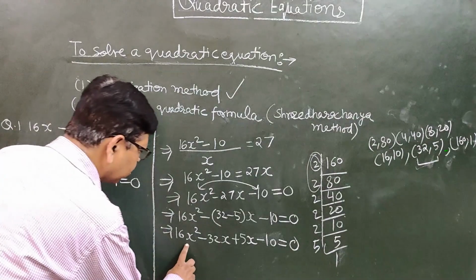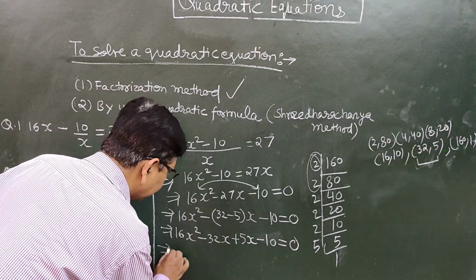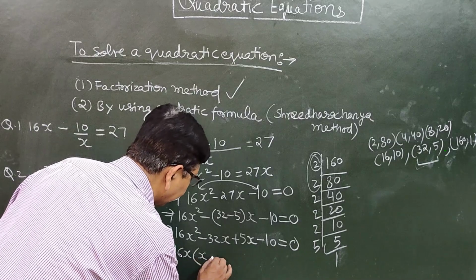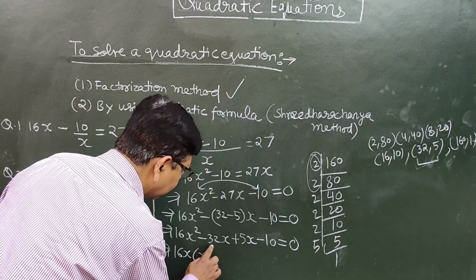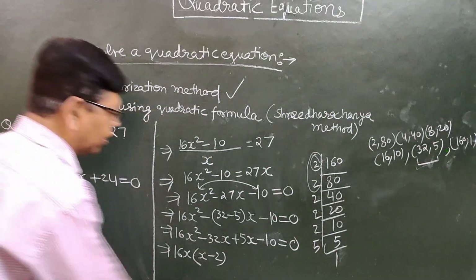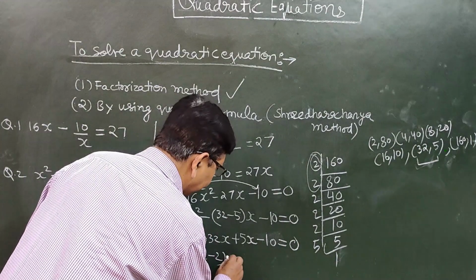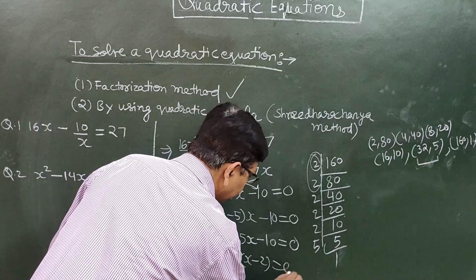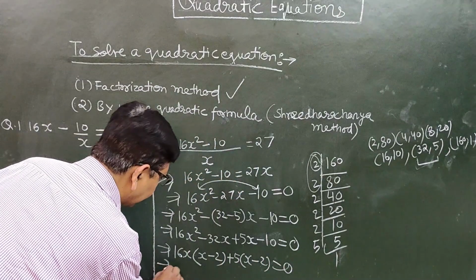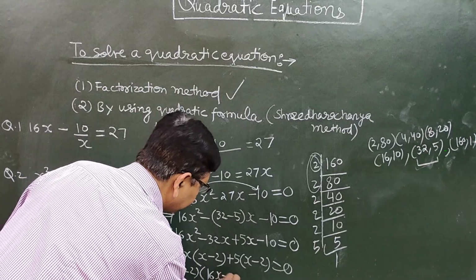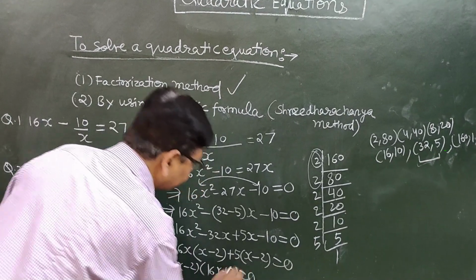From the first two terms, I can take 16x as common, giving x minus 2. From the remaining two terms, I can take plus 5 as common, x minus 2 is equal to 0. That is, I get x minus 2 into 16x plus 5 equal to 0.